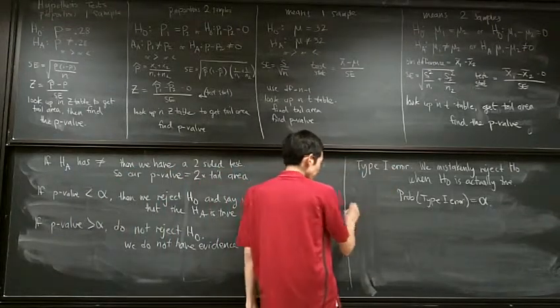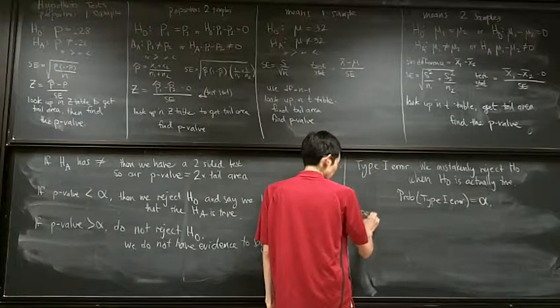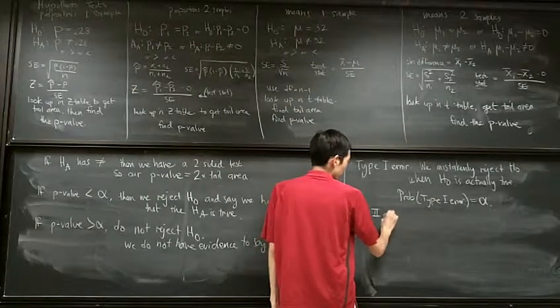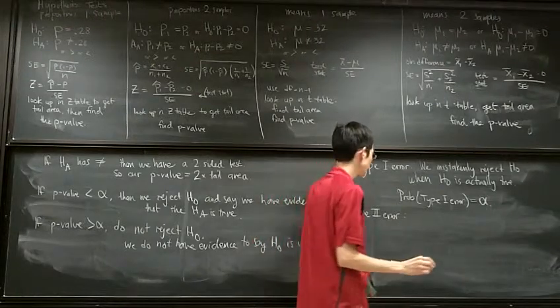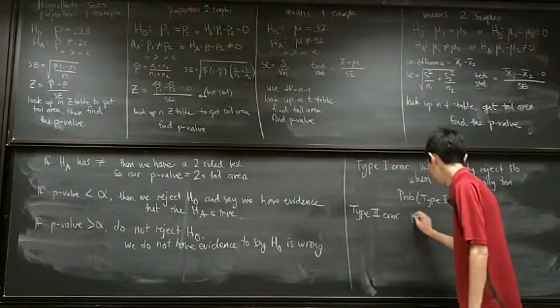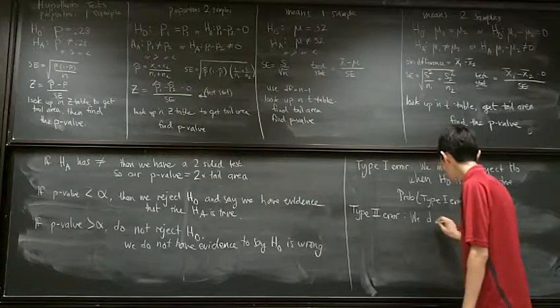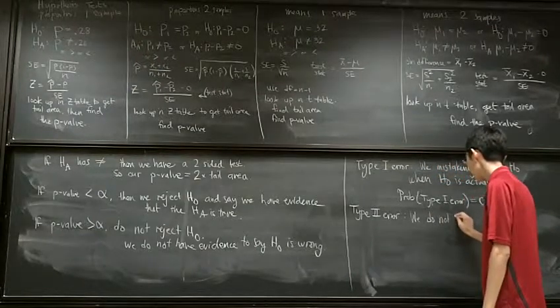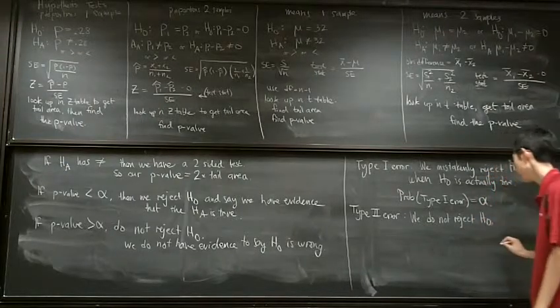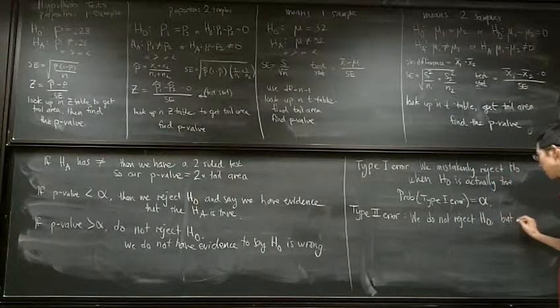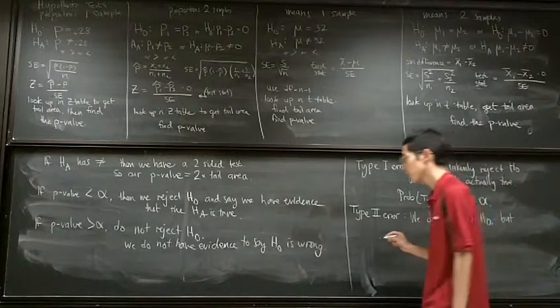On the other hand, a type 2 error is when we do not reject the null hypothesis, but our decision not to reject was wrong.